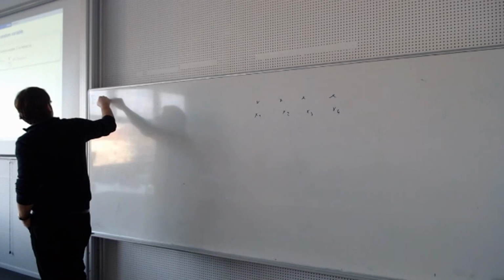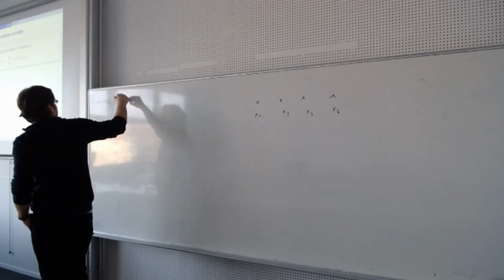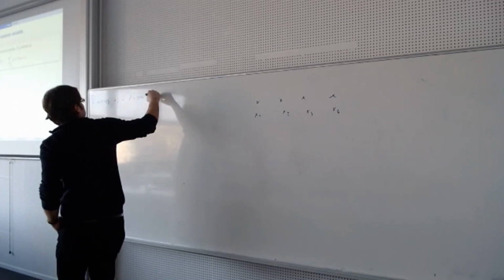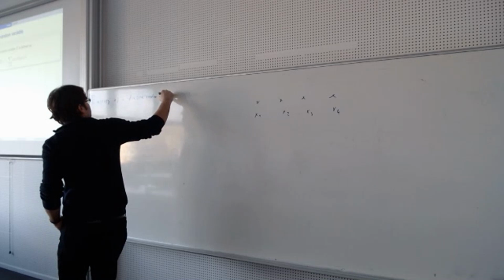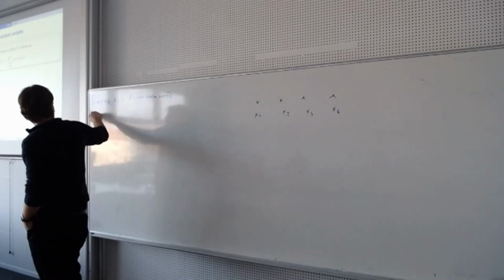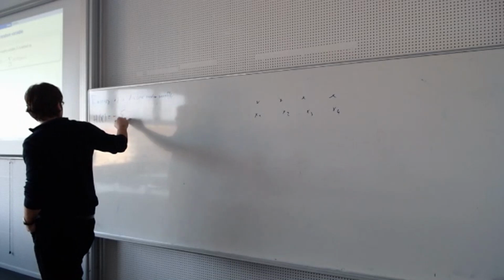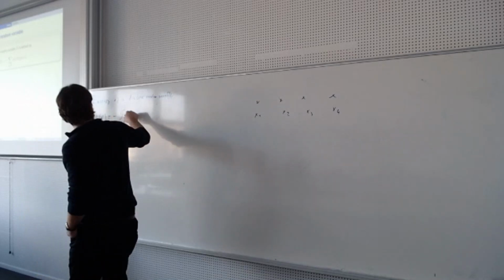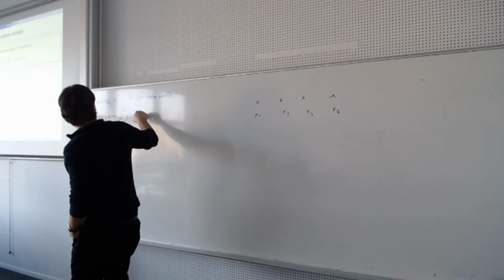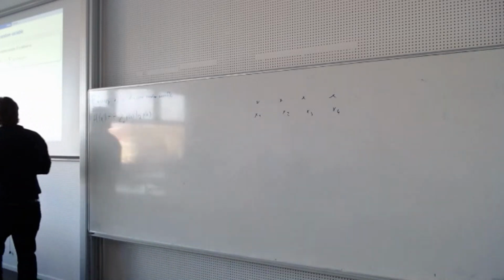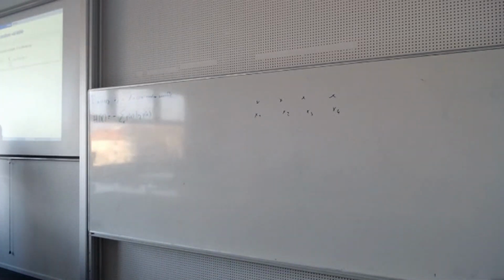So the entropy of a discrete variable, H of X, is just minus the sum over possible values of x, probability times the logarithm of probability. Now, why it is minus a sum, why there is a logarithm, and what kind of logarithm it is, we will get to.